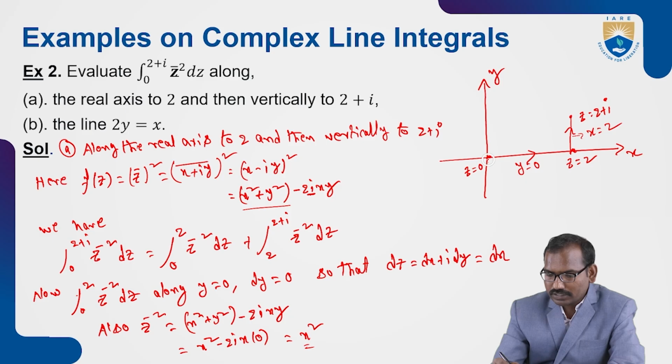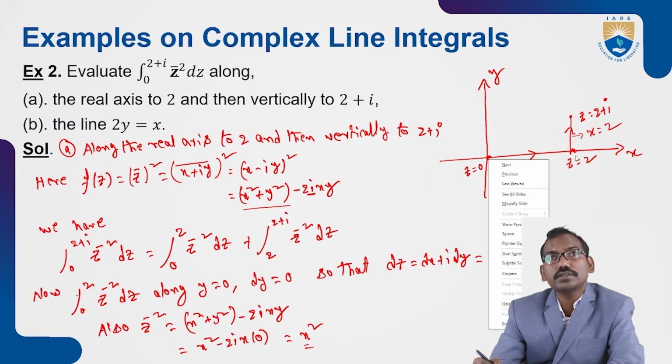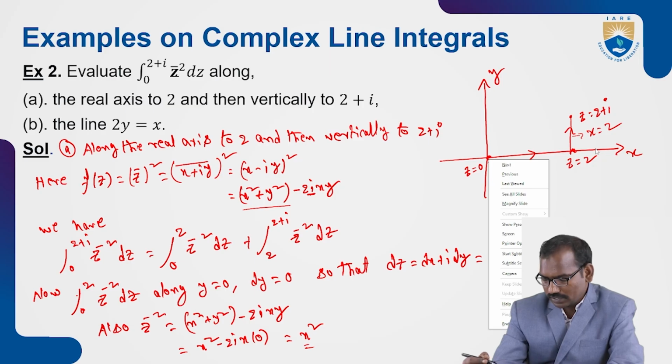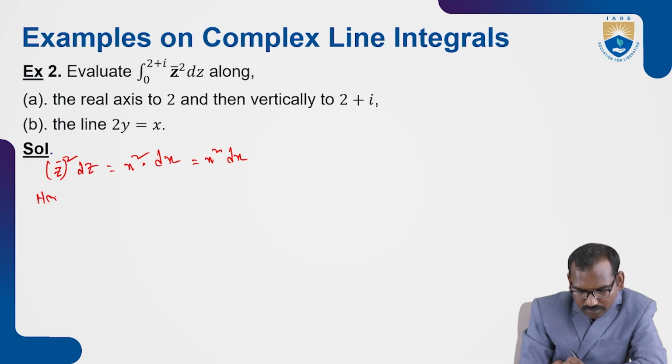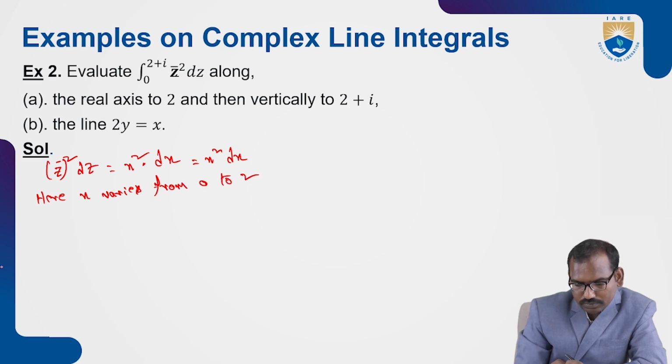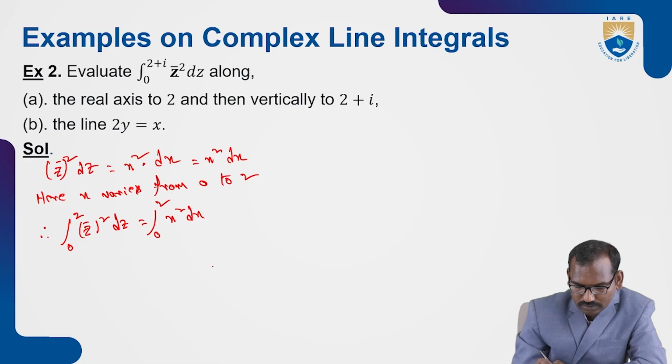At z equal to 0, the x value is 0. At z equal to 2, the x value is 2. So here x varies from 0 to 2. Therefore, integration from 0 to 2 of z bar whole square dz can be written as x square dx, and we need to take the integration from 0 to 2.